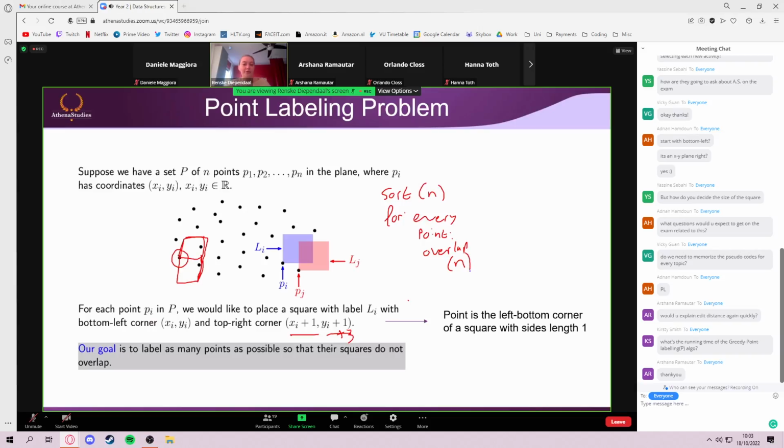I'd say you check for every point, right? If they overlap. So that's going to be n squared. And I think that's the biggest factor. I'd say n squared. But I'm not completely sure, so I'll look it up for you as well. And I'll put it in the chat later, yeah?